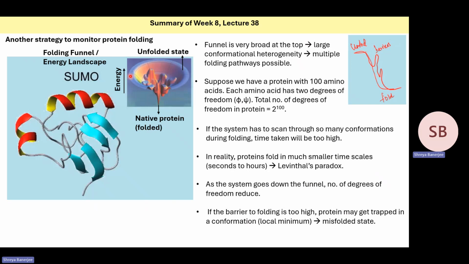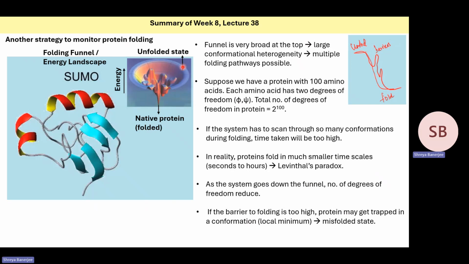When the energy is highest, it is the unfolded state. So you can see the edge of the funnel shown here. These are all different unfolded states. As you go in the interior of the funnel, the energy slowly reduces until the lowest energy point is the native protein, that is the folded protein.